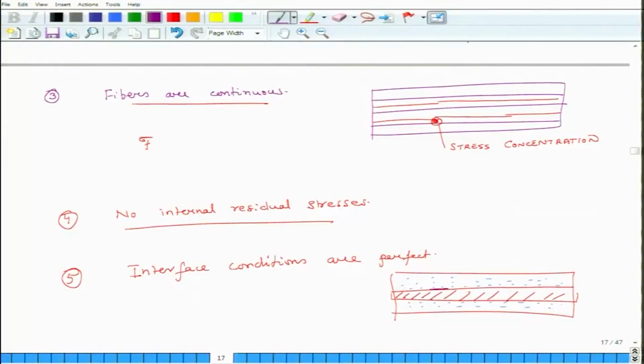But in reality there may be areas which are actually debonded even at 0 load, and at the points where it is debonded, those points again act as sources of stress concentration, and that again causes reduction in the overall strength of the composites.